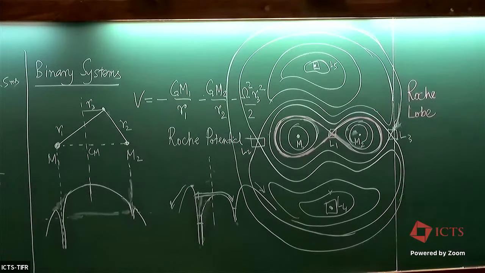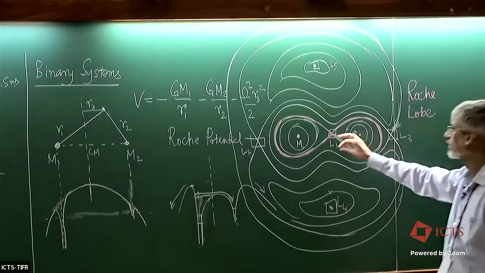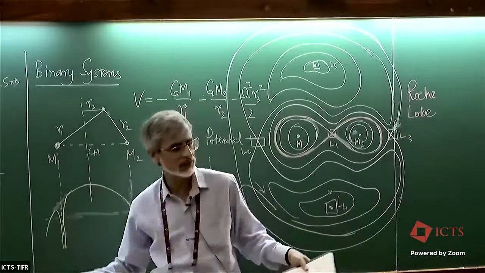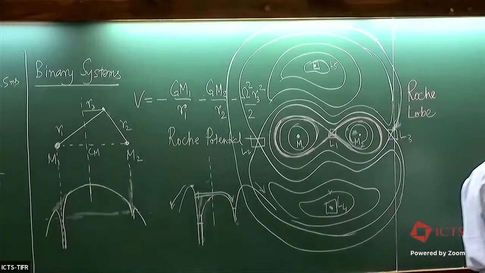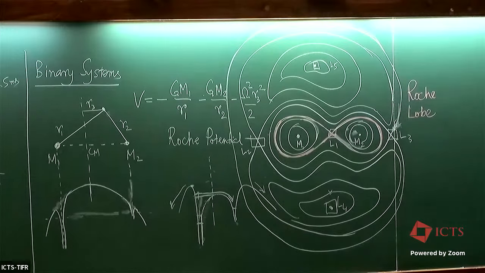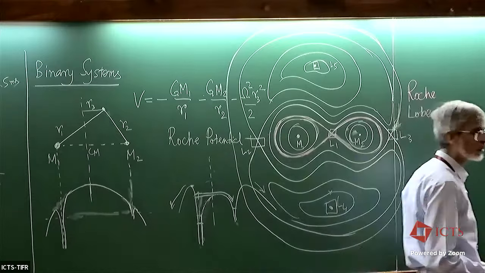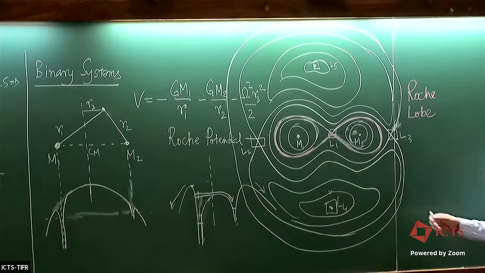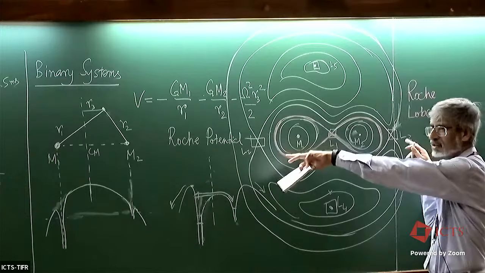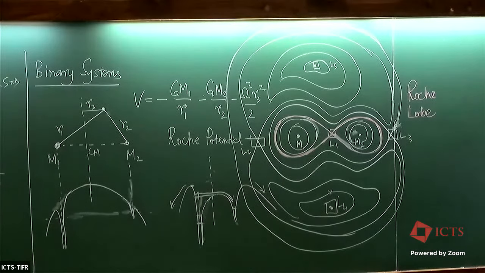And as you would realize, the Roche lobe around a more massive star is larger than the Roche lobe around the less massive star. And the size of the Roche lobe clearly depends on the separation. It's actually proportional to the separation. You take the same two stars and make the separation larger, this whole diagram is going to scale up accordingly.